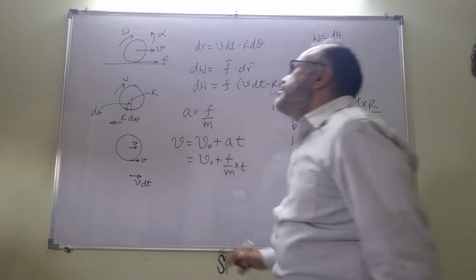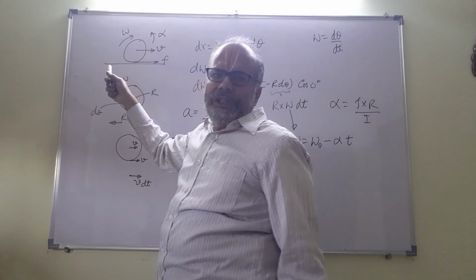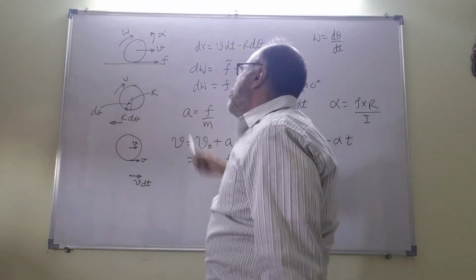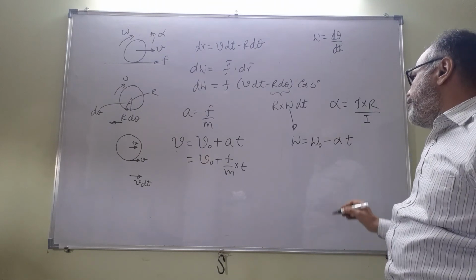Why do we say minus? Because alpha is in the anti-clockwise direction and omega is in the clockwise direction.